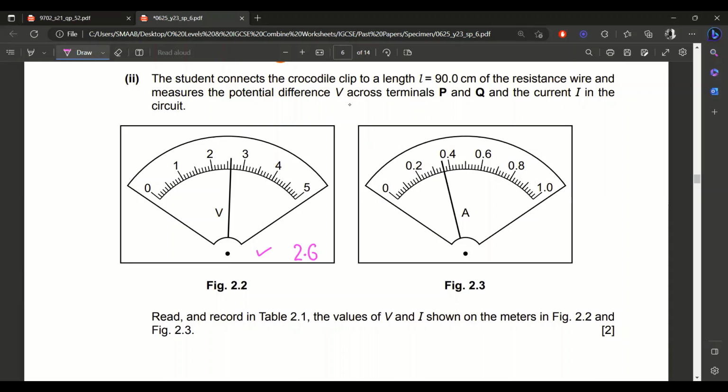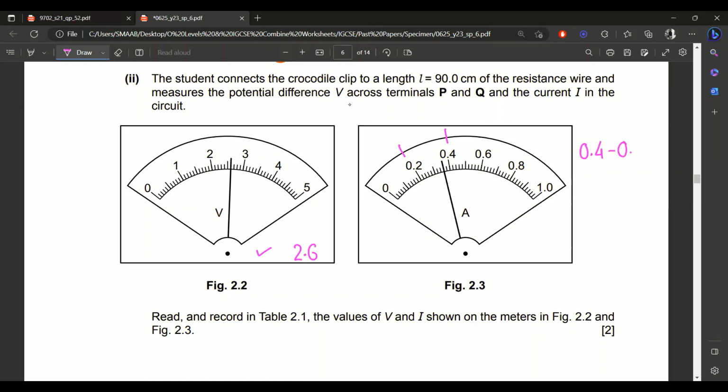And what about the ammeter? The ammeter is a different one, because the voltmeter is simple. The simplest way to find it is to first check the divisions. We have 0.2 and 0.4. What is the difference between 0.4 and 0.2?